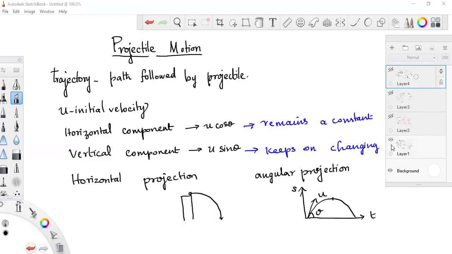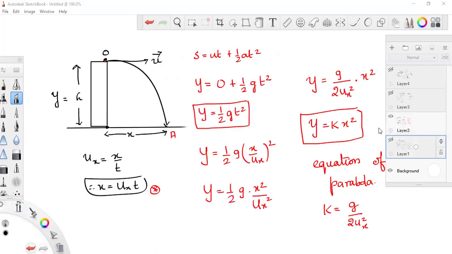So we have discussed what projectile motion is and what are the two important things to be remembered. When we talk about projectile motion, we talk about the two components of the velocity: the horizontal one doesn't change, it remains a constant, and the vertical one keeps on changing with respect to time. And in horizontal projection, we have found the range x, the horizontal distance, and the height y, the vertical distance, and substituting the value of t from x, you get to know that the path of the projectile is a parabola.